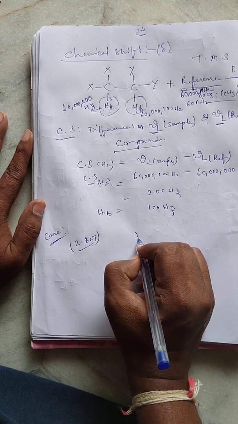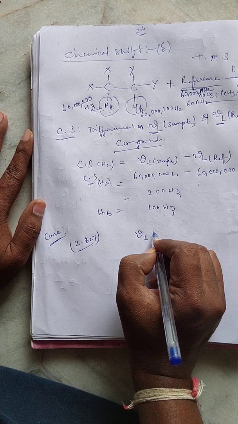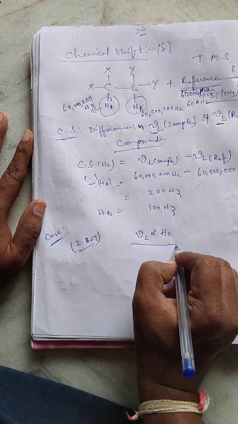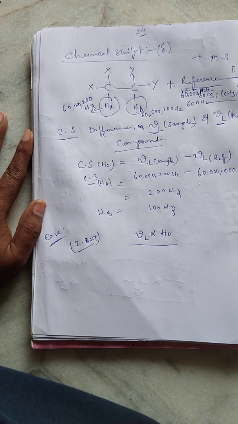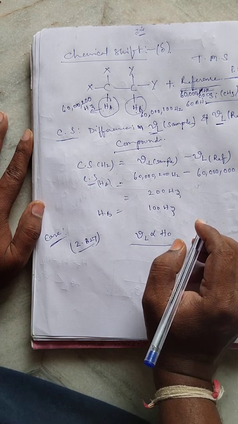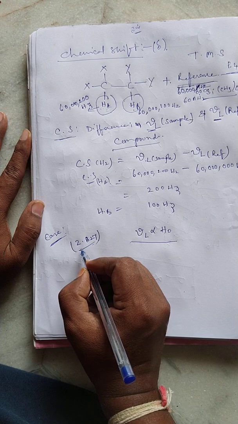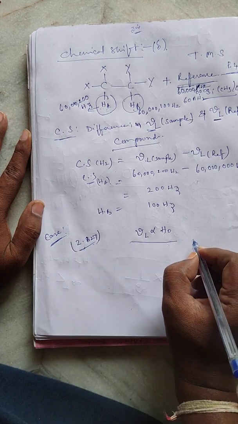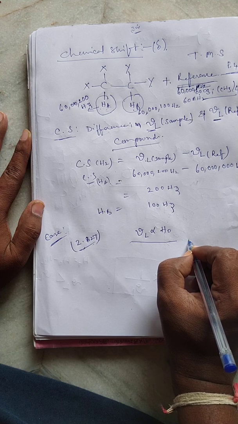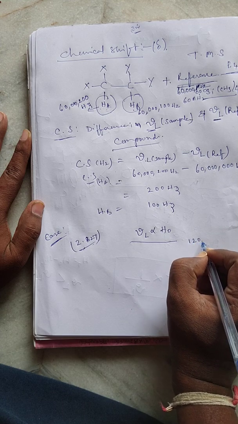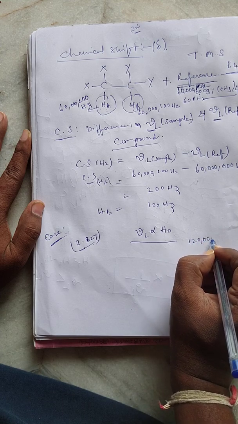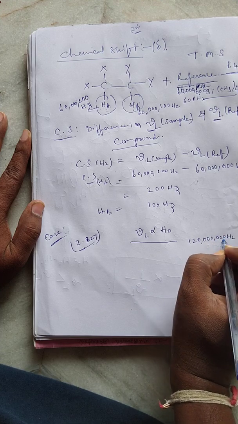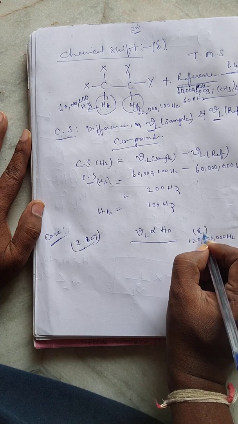We have already discussed that precessional frequency is proportional to the strength of the applied magnetic field, right? If I double this precessional frequency, the reference protons will precess at 12 crore hertz, that is 120 megahertz. These are the reference.